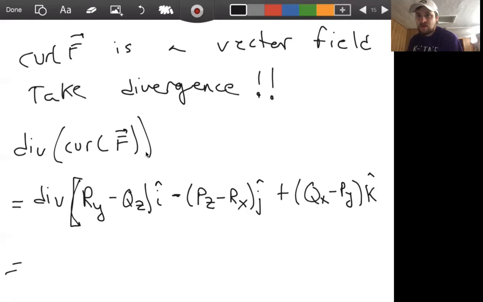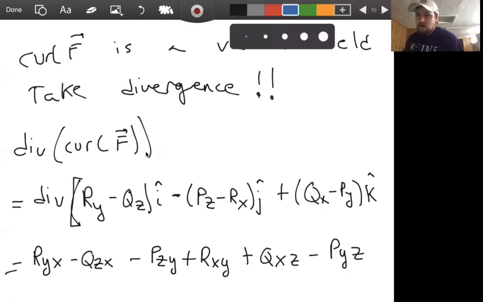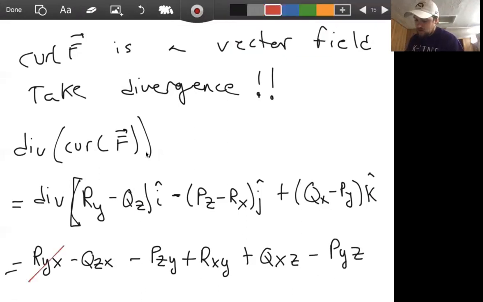Well, taking the divergence means we take the derivative with respect to x of the first piece, the derivative with respect to y of the second piece, and the derivative with respect to z of the third piece. And so this becomes Ryx minus Qzx, and then minus Pzy plus Rxy plus Qxz minus Pyz. But remember that mixed partials are equal, and so we get cancellation. We know that Ryx is equal to Rxy.